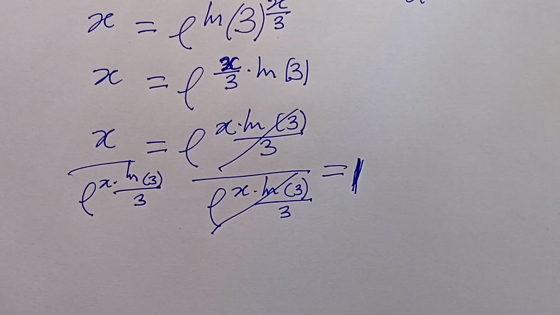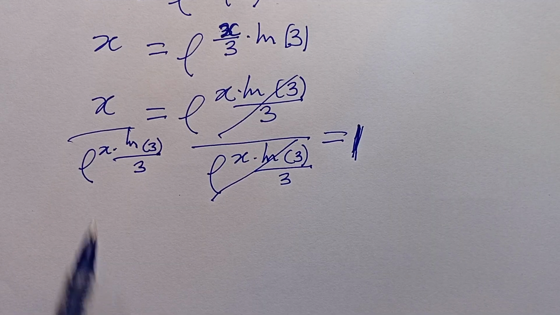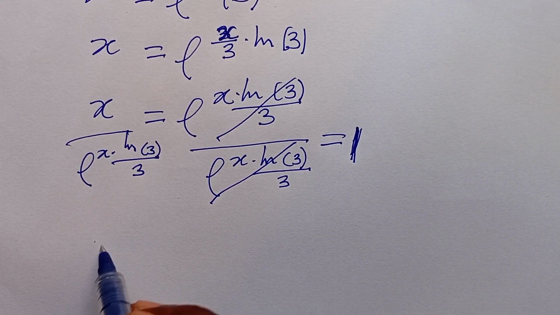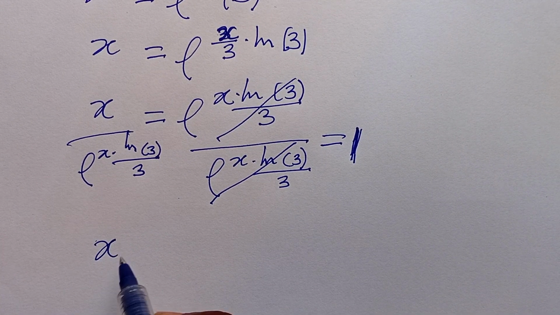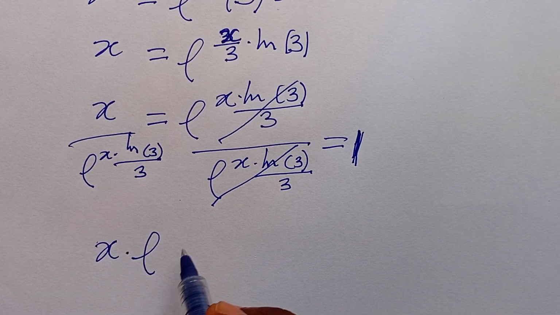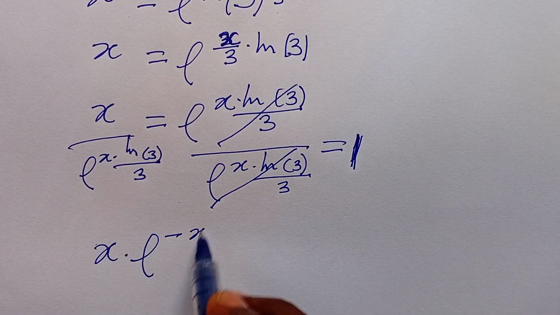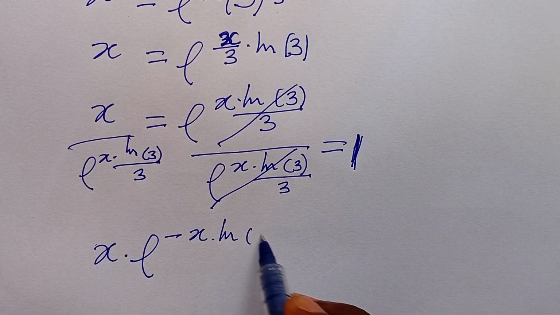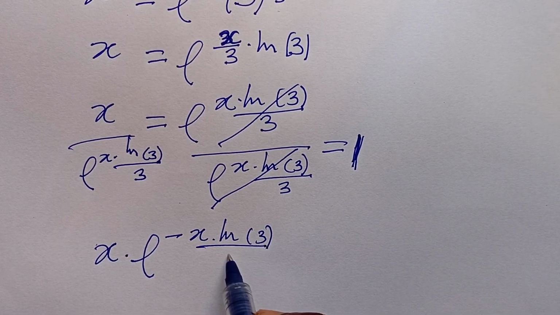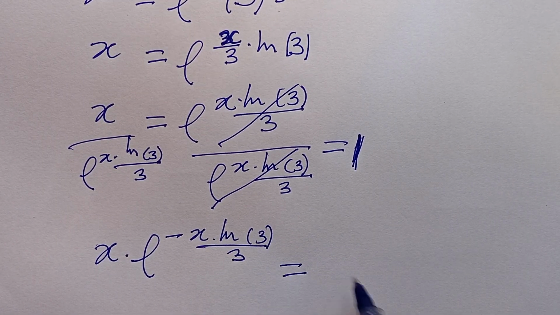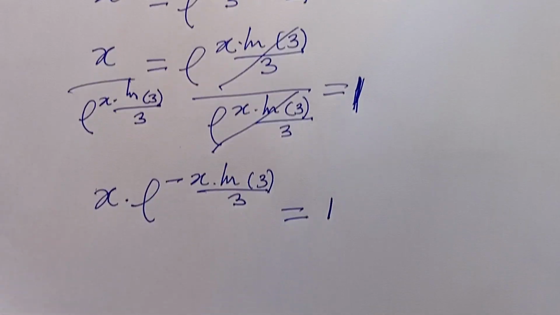Okay, so if we apply this rule to this part of the equation, then we're going to have x times e raised to the power of minus x times ln of 3, all over 3, is equal to 1.